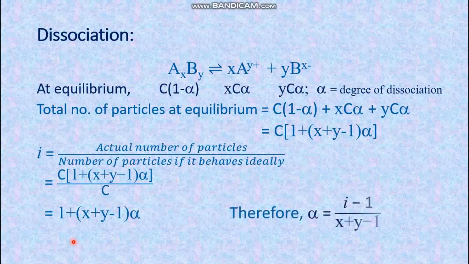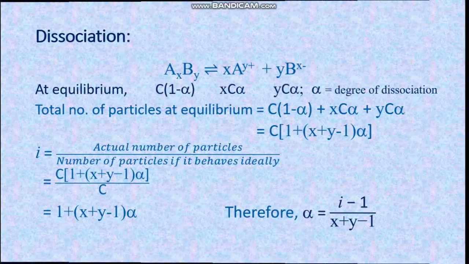So we have the expression of I: 1 plus X plus Y minus 1 into alpha, and after rearranging we can also get the value of the degree of dissociation. With the help of I, that means abnormal colligative property, you can find out the degree of dissociation for these types of electrolytes. This is one of the applications of Van 't Hoff factor I, and alpha is I minus 1 divided by X plus Y minus 1.